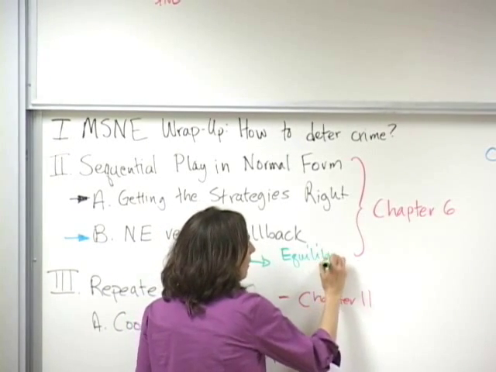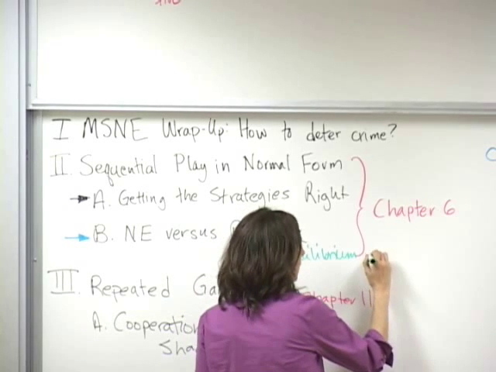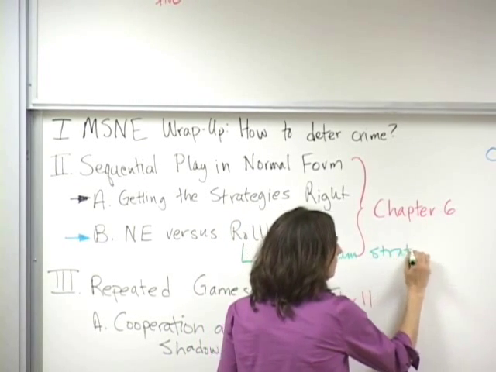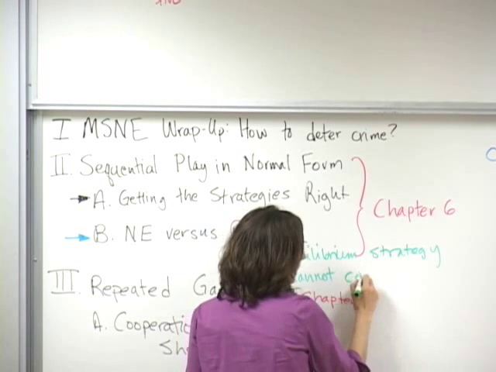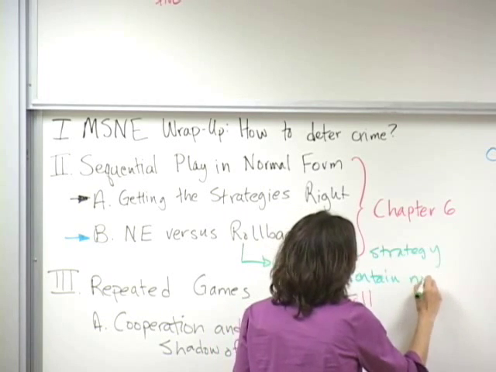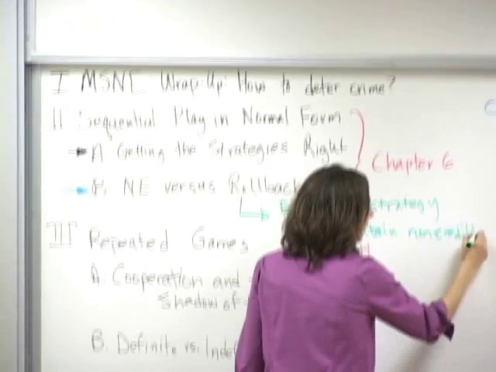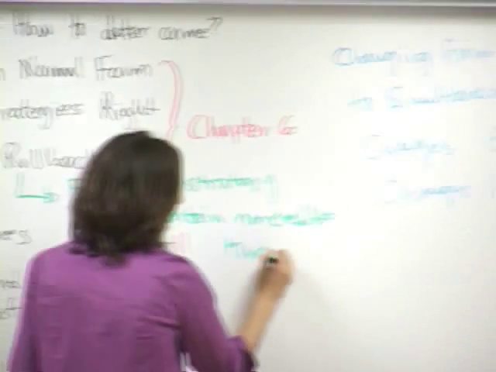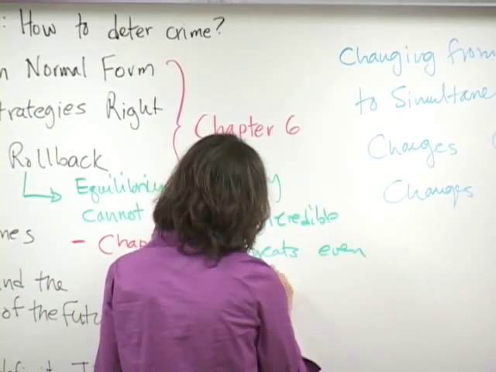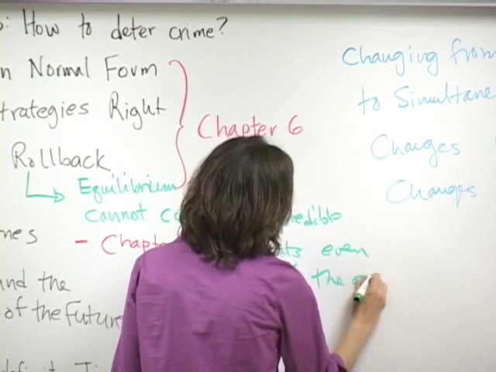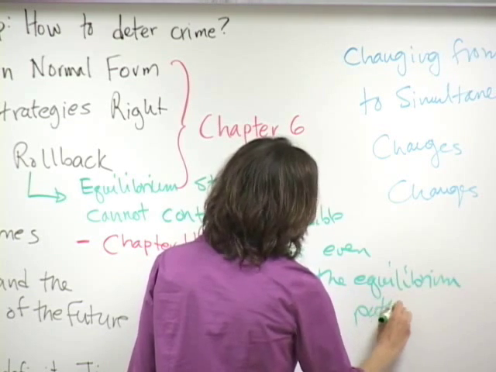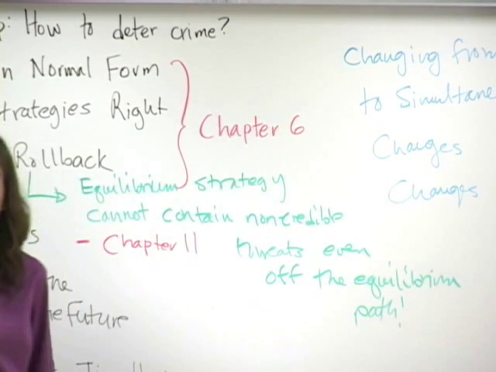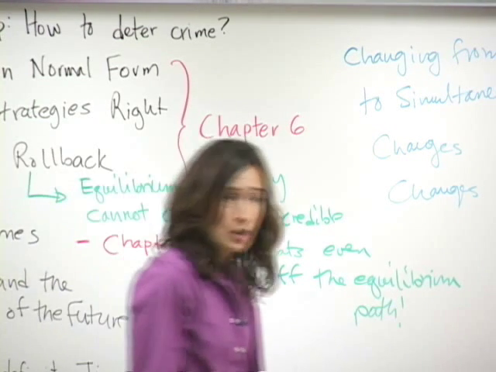In rollback, your equilibrium strategy cannot contain non-credible threats, even off the equilibrium path.